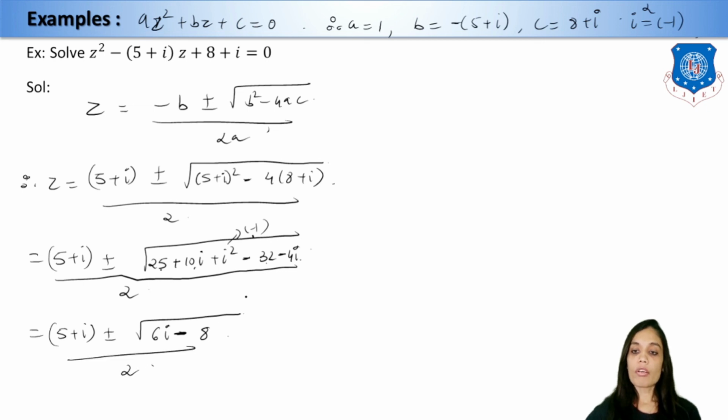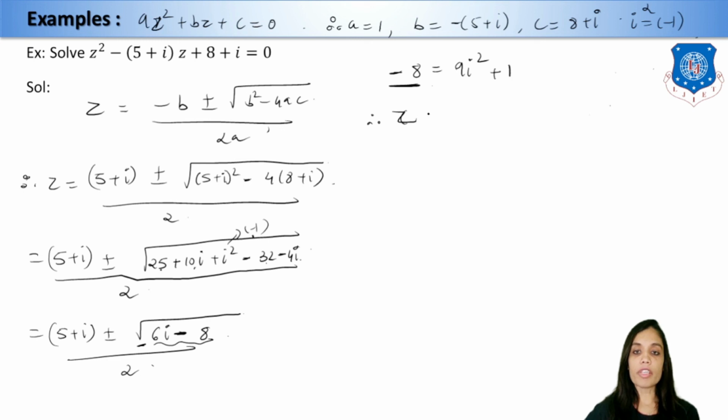upon 2. So now what we will do is, firstly we will modify this minus 8 as 9I square plus 1. Okay, why? Because we know I square is equals to minus 1. So this is minus 8. In order to make this term inside the square root a perfect square. So now let us write that.